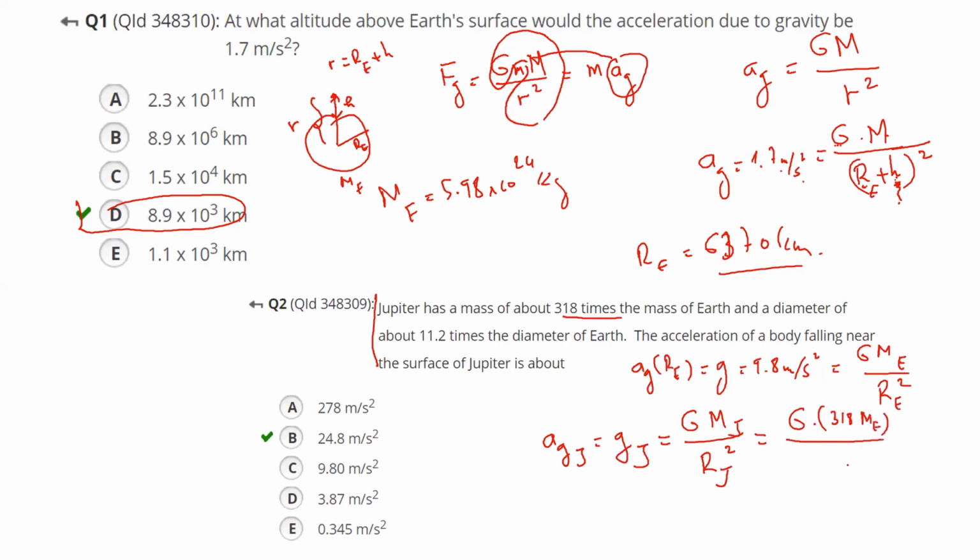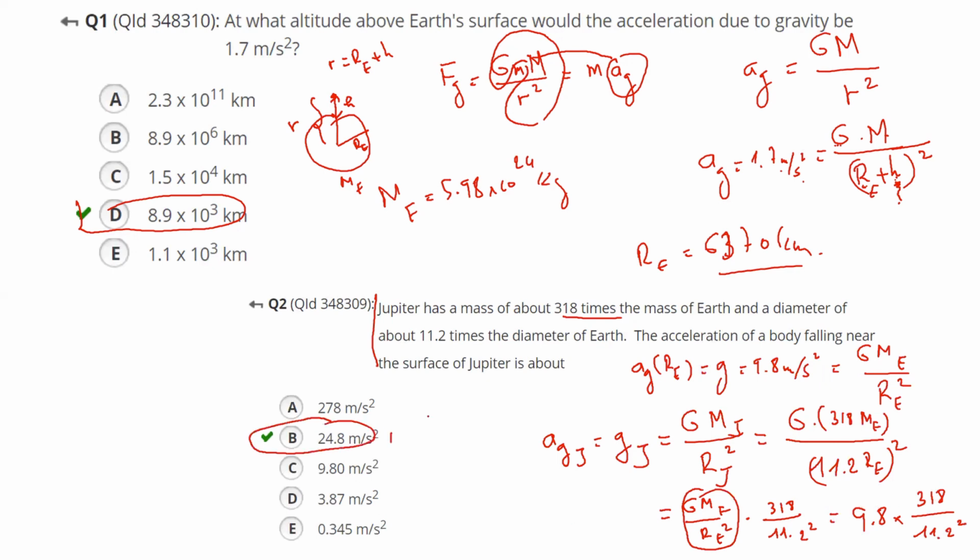Radius of Jupiter is 11.2 times radius of Earth, squared. So that means I will have G, mass of Earth, divided by radius of Earth squared, multiplied by 318, divided by 11.2 squared. And this is g basically. This is 9.8 multiplied by 318 divided by 11.2 squared. If you do this, of course, you will get your answer.